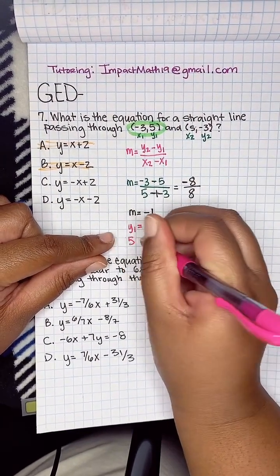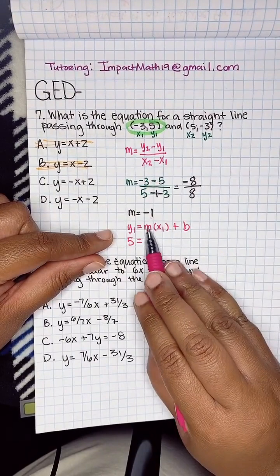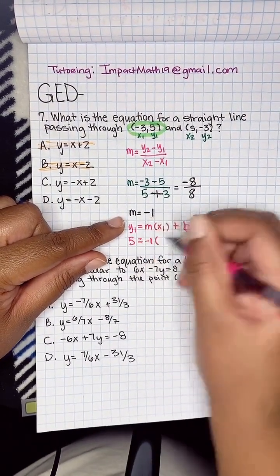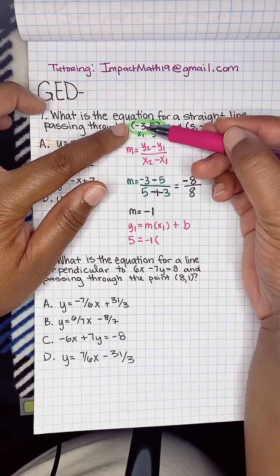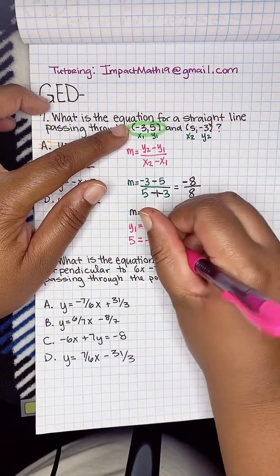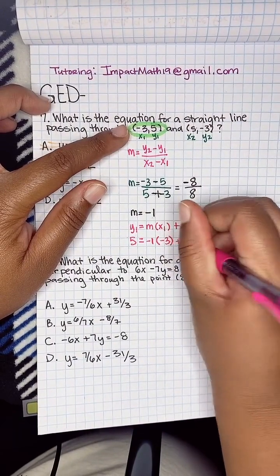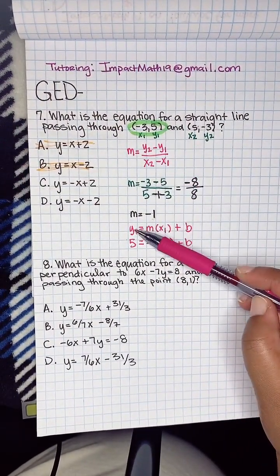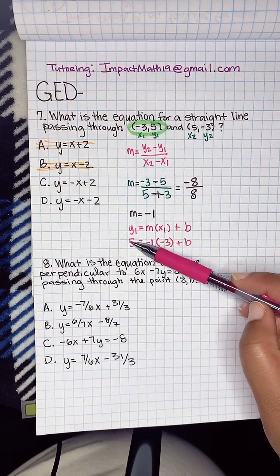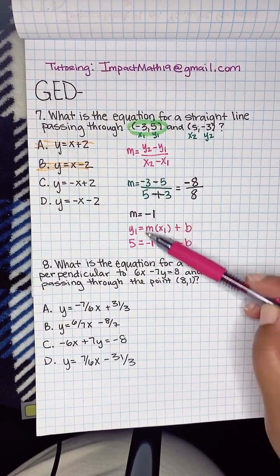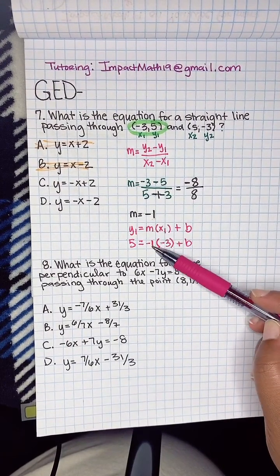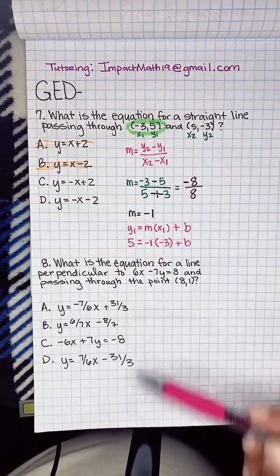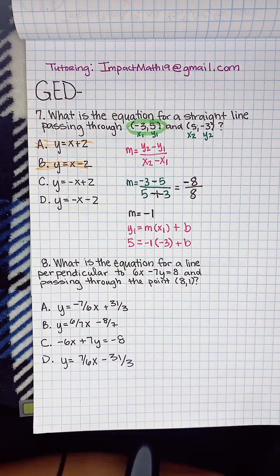So I'm going to put 5 equals, we know our slope, which is -1, times our x1, which we named -3. Let me slow down a little bit. We replaced y1 with 5, we replaced the m with -1, and our x1 we said was -3, so we put that there.